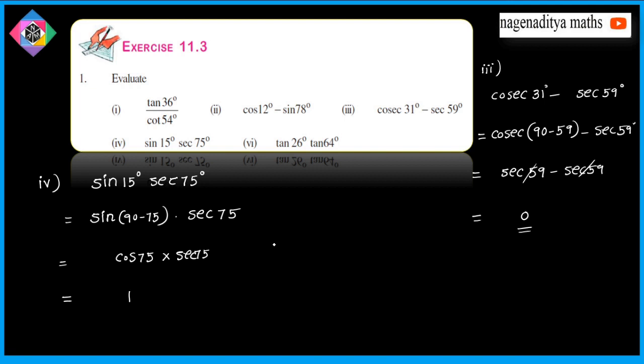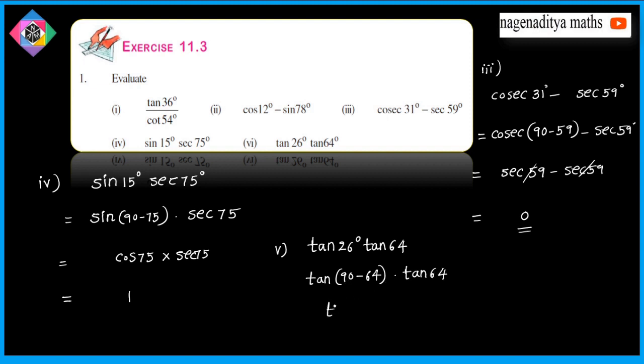So next, fifth one: tan of 26 degrees multiplied by tan of 64 degrees. This can be written as tan of 90 minus 64, and this is tan 64. So tan of 90 minus theta can be written as cot theta.